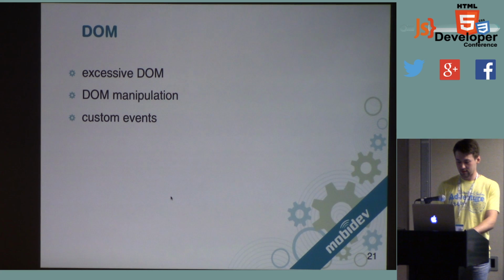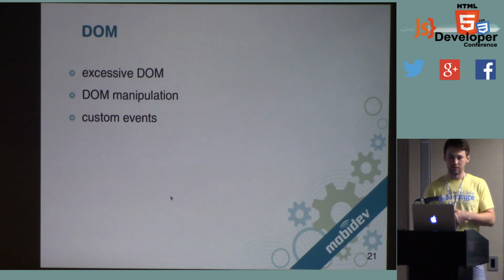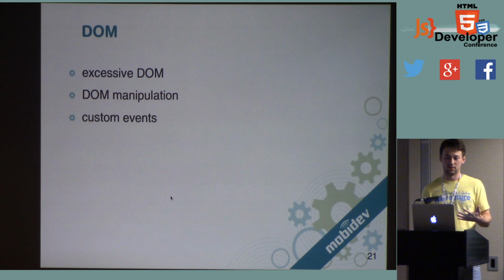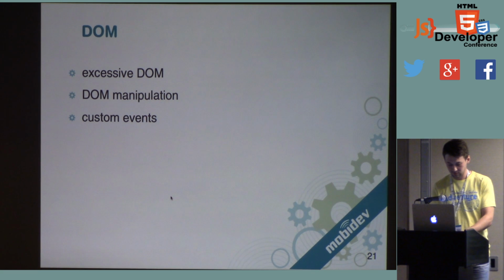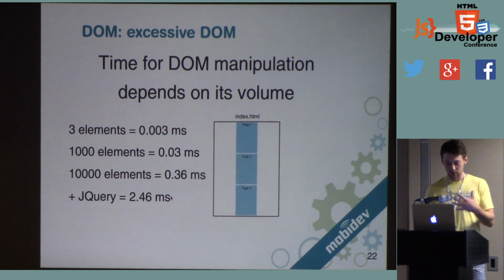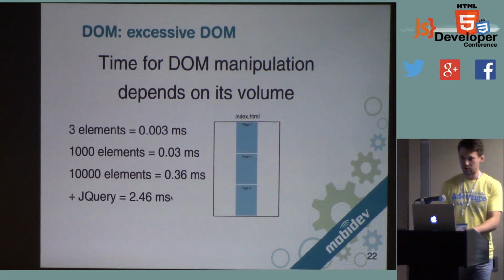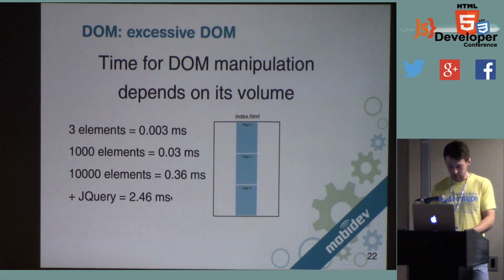The reason is that the bigger the number of elements in your DOM, the more time it will take to query an element and to manipulate it. That's why we will discuss these issues of excessive DOM manipulations and custom events.